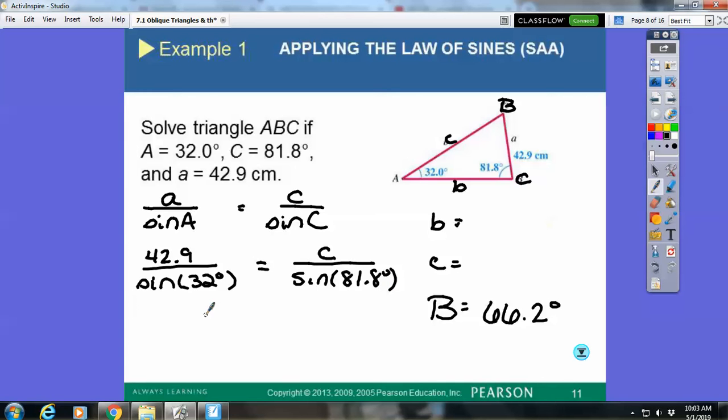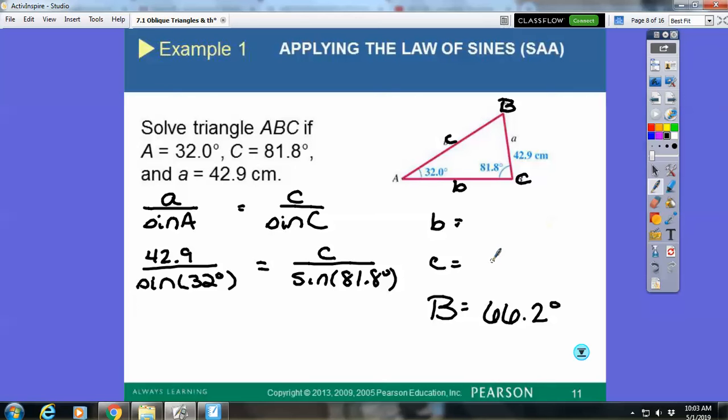What mode should we put our calculators in? Degrees. So go ahead and do that. Then how would I solve for c? Multiply it over. So you just type this all in: 42.9 divided by the sine of 32 times the sine of 81.8.